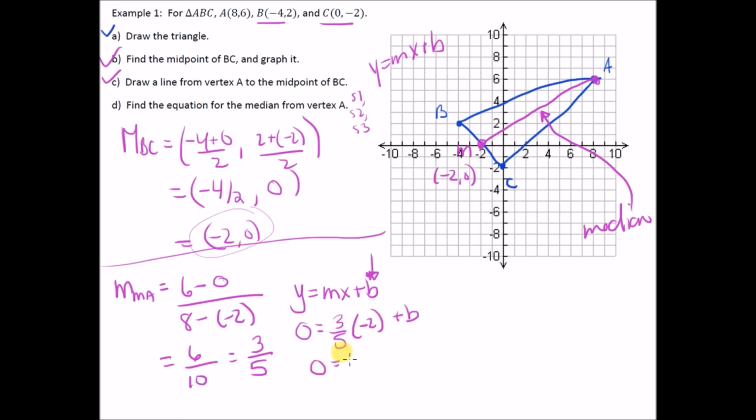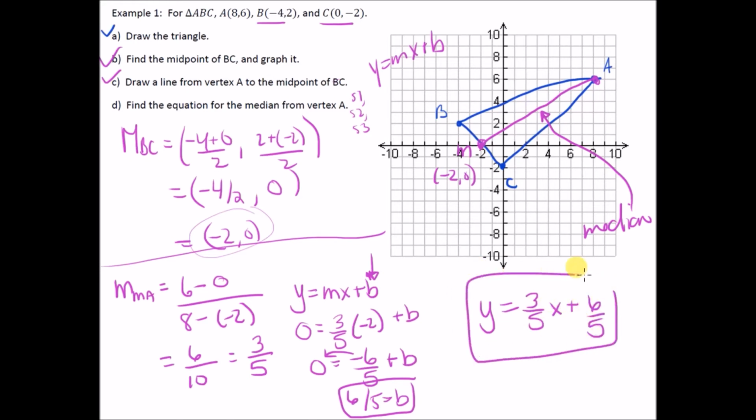Well, 3 times negative 2 is negative 6 over 5, plus b. Bring that over, I get positive 6 over 5. So the equation of our median is y equals 3 over 5 x plus 6 over 5. That's the equation of the median from point A to the midpoint of BC.